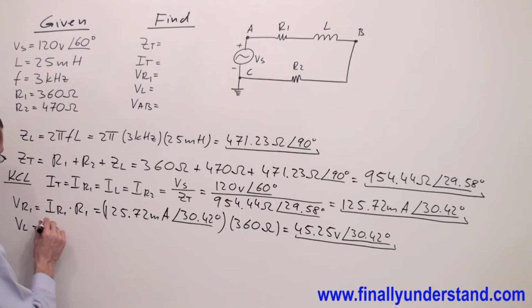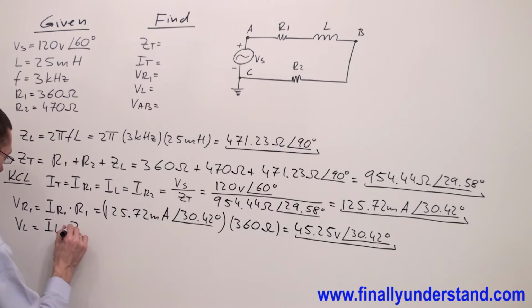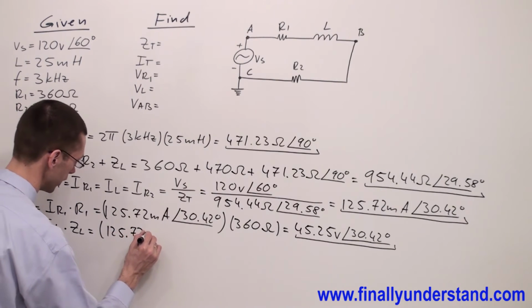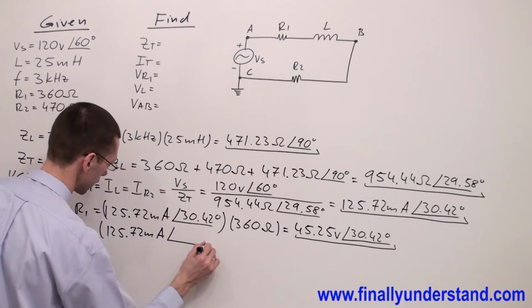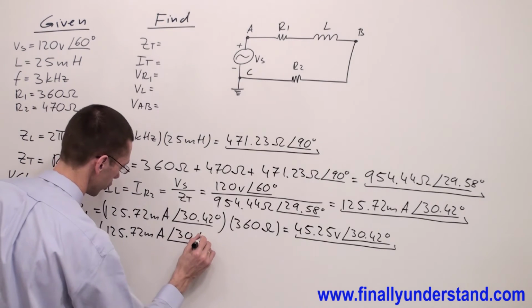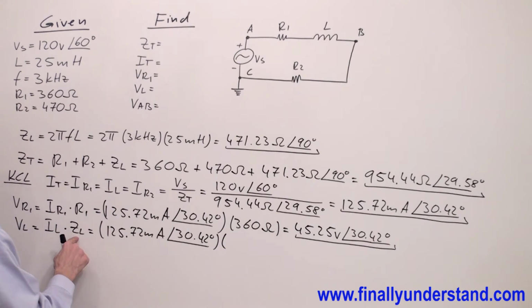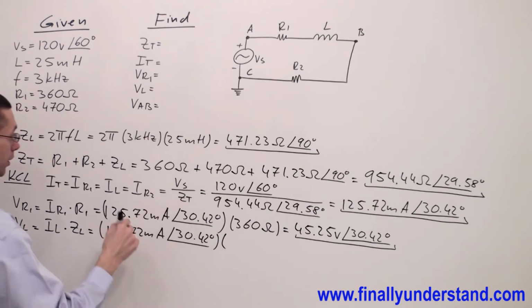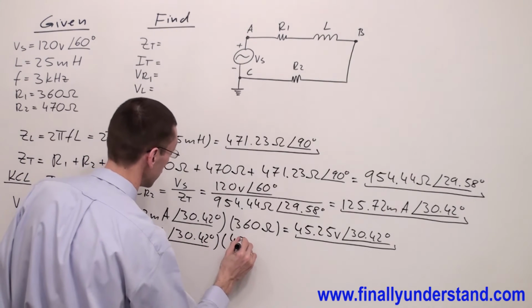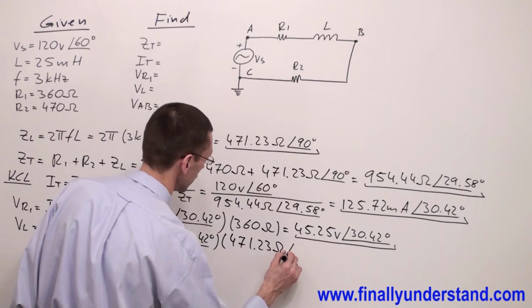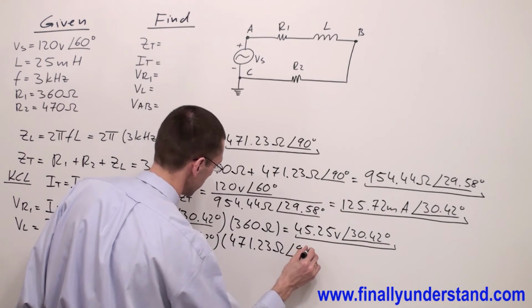So I'm supposed to write IL times ZL, where IL is 125.72 milliamps, an angle of 30.42 degrees, times ZL, which is 471.23 ohms, an angle of 90 degrees.